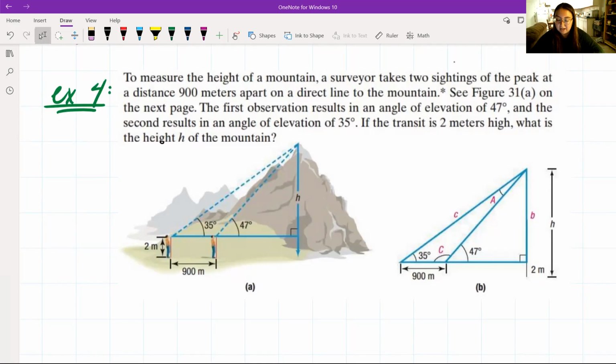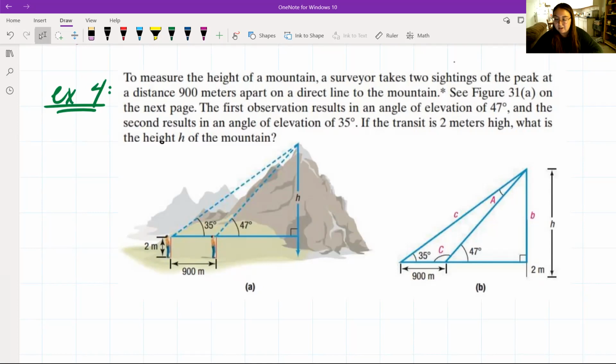So in figure 31a, this is the illustrated image here. We have our person and they've moved a certain length apart and they're looking up at the mountain using our angle of elevation here. We see there are two different angles, for one person who is looking from farther back and one person who is looking from closer to the mountain.